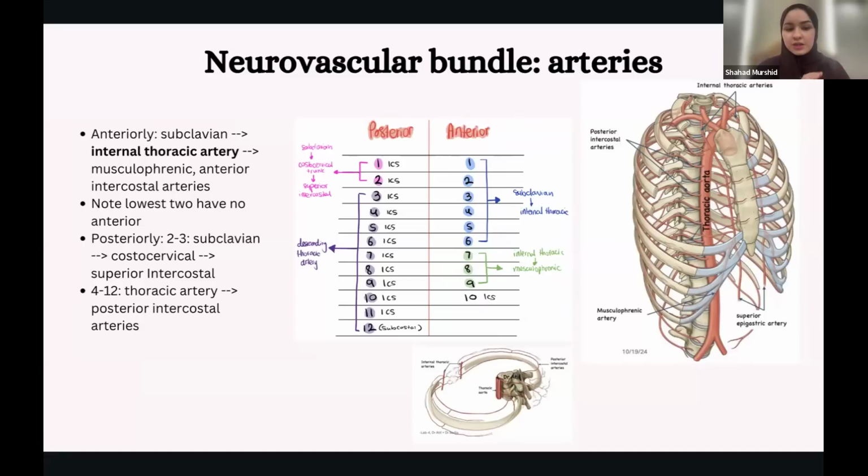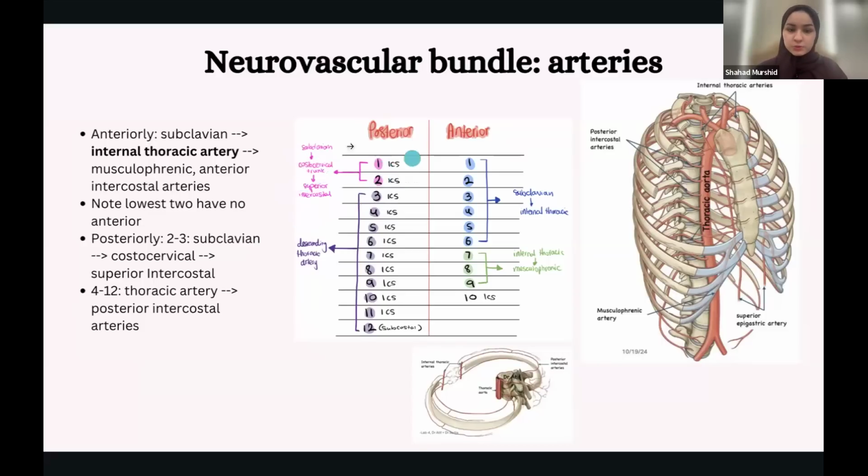Posteriorly, we have first, by the way, the last two intercostal spaces in the anterior don't have this arterial supply. So this only applies for the first 10 intercostal spaces, or first 9. And then for posterior, you have the first 2 or 3 supplied by the subclavian and specifically the costocervical trunk.